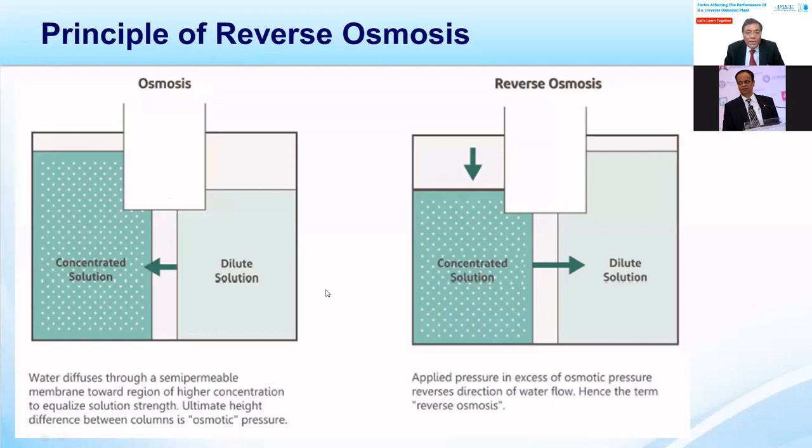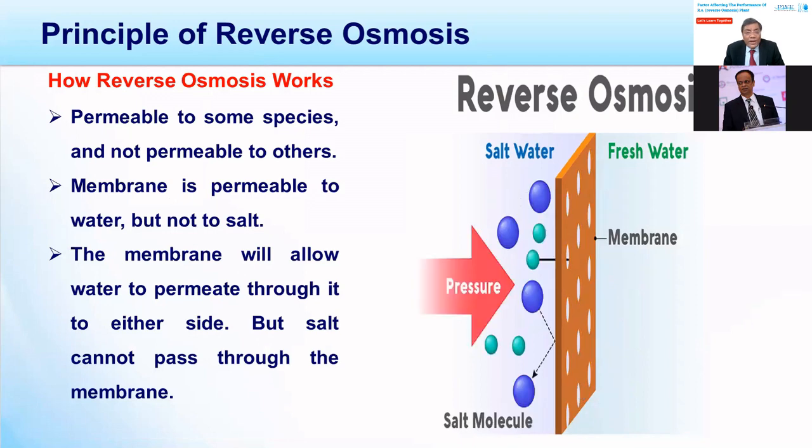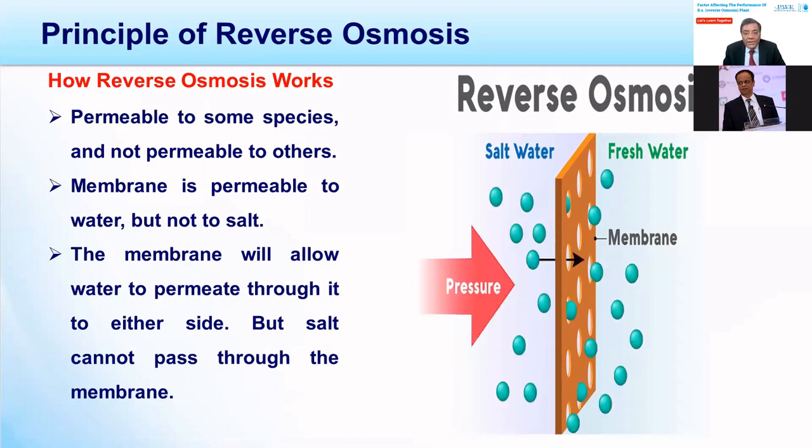This is the principle through which osmosis and reverse osmosis work. I will skip that because I was running short of time. And this is how reverse osmosis works: the membrane allows only water to pass through it, and the salt is rejected in the reject stream.